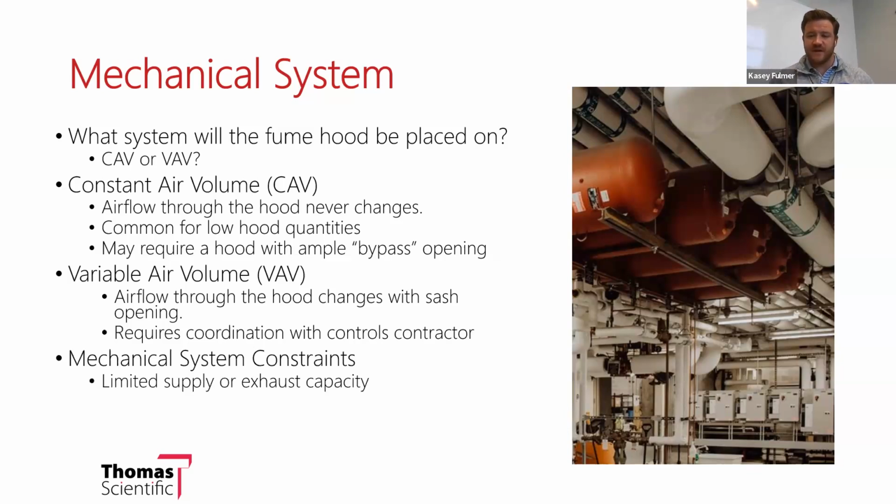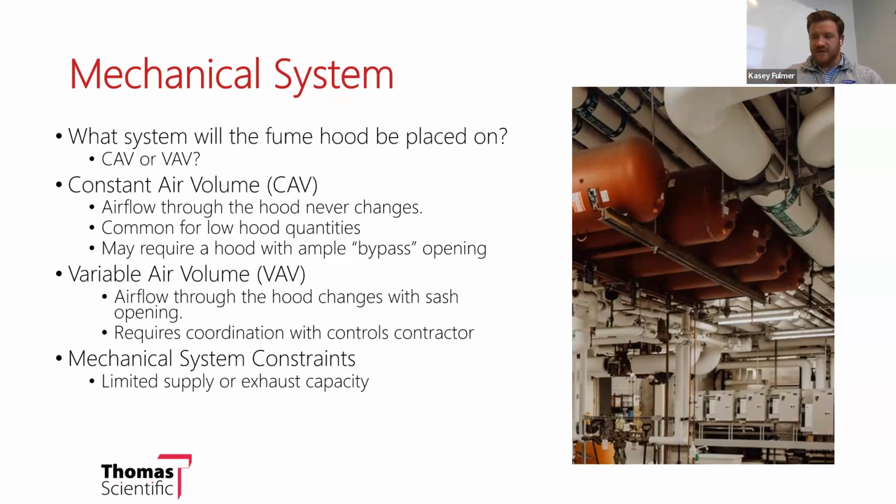Also, if you have a mechanical system that has, let's say, an old supply air system or exhaust air system, you might find that you have limited supply or exhaust capacity. So if you have an existing lab space and you've decided that you need a fume hood, you need to make sure that your exhaust system is set up to be able to increase to accommodate that extra exhaust that's being taken out of the lab.